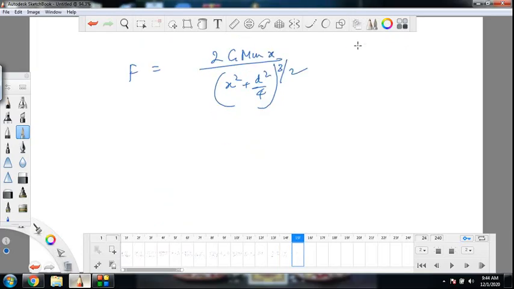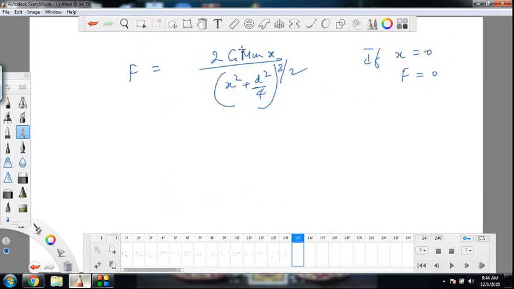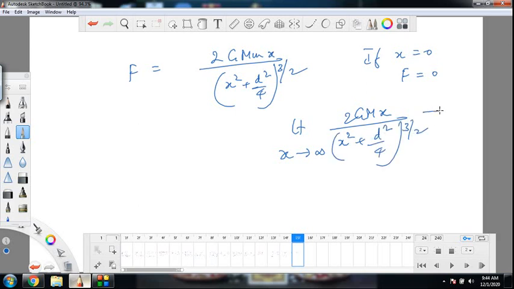You can see if x is 0, force is 0. What is meant by x is 0? This M is exactly at midpoint of the two smaller masses. And if x tends to infinity, you can use limits. Limit x tends to infinity of 2GMm x by x square plus d square by 4 whole power 3 by 2 is also 0.